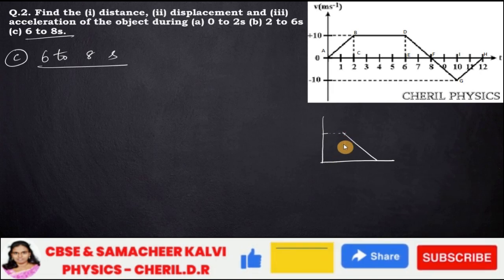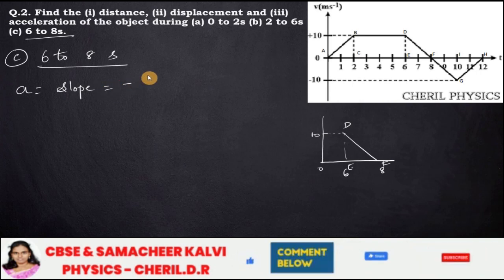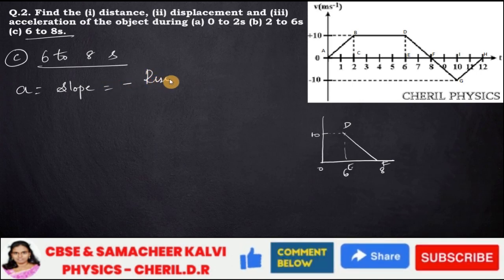So this is from 6 to 8. D, E, F, this is 0, this is 10. Acceleration is got from the slope. Here it is going to be the negative slope, so it is going to be minus rise by run.